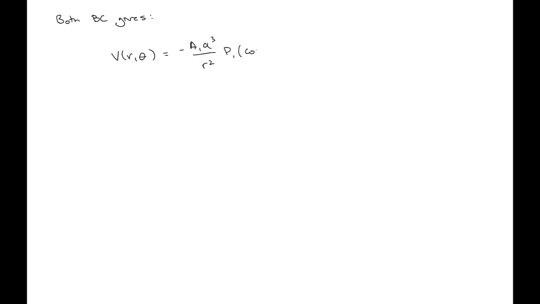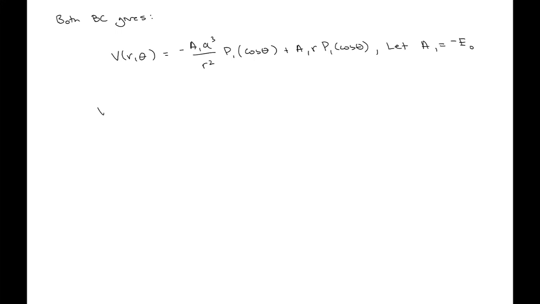I keep trying to call it the first one. Evaluated at cosine theta. I'm just going to write the rest of this. We can change one more thing. We're going to let what we found before, a1, be equal to negative E naught.